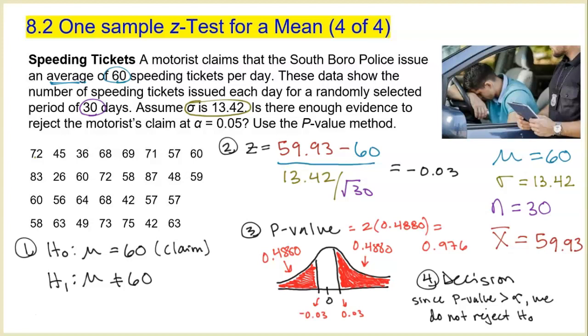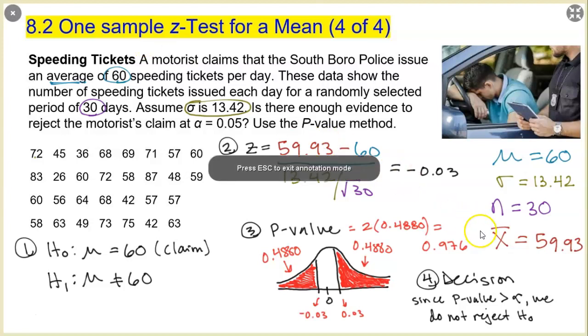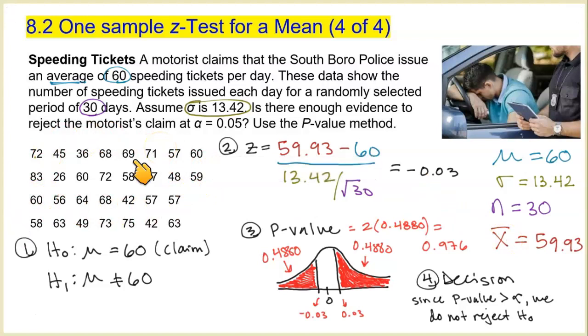Since this value is pretty large, we can't reject the null hypothesis, because the p-value is the probability of obtaining our results at least as extreme as the results that are observed. So it's the likeliness that we are going to continue to get these observed results in the sample collected data.